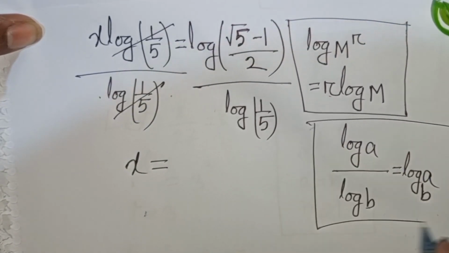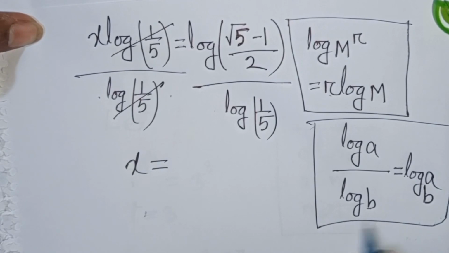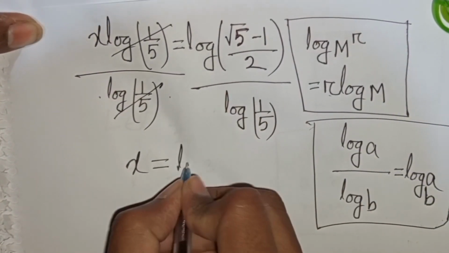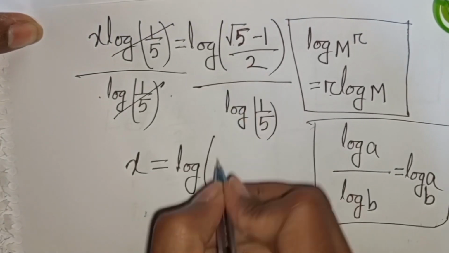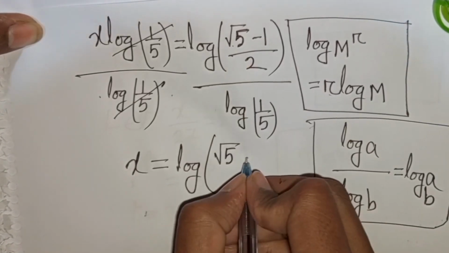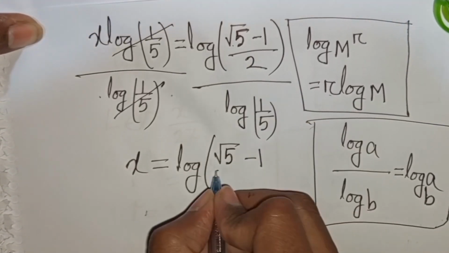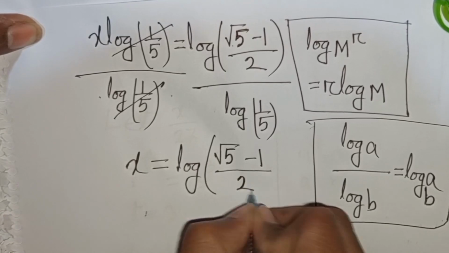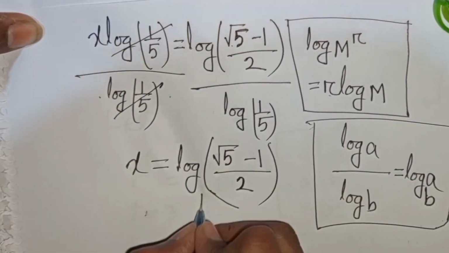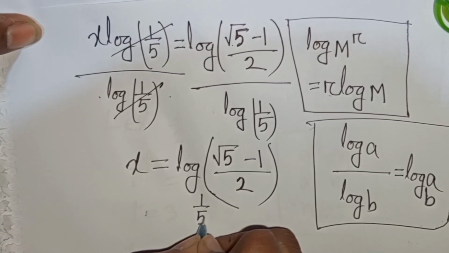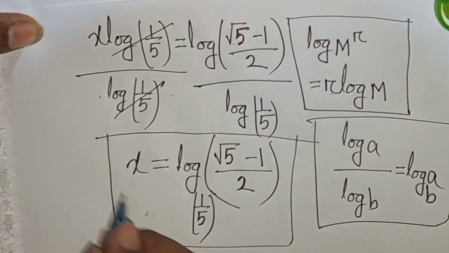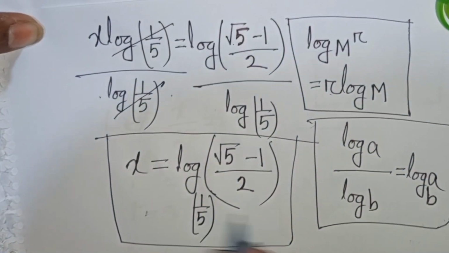So according to this formula, this divided by this, that means it will be log of square root of 5 minus 1 over 2, then base 1 by 5. So this is the value of x. So this is our final answer.